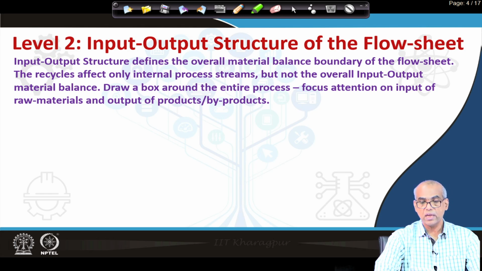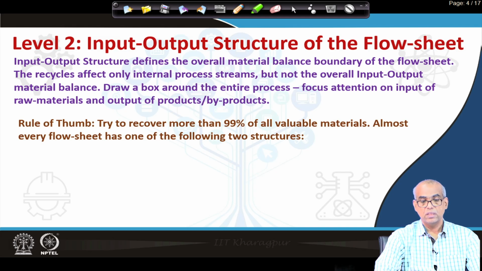So, we draw a box around the entire process and focus attention on input of raw materials and output of products as well as output of byproducts. The rule of thumb that one uses here is that we need to try to recover more than 99% of all valuable materials.